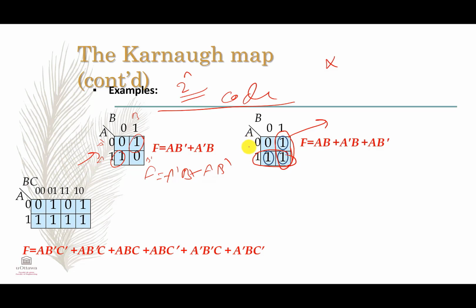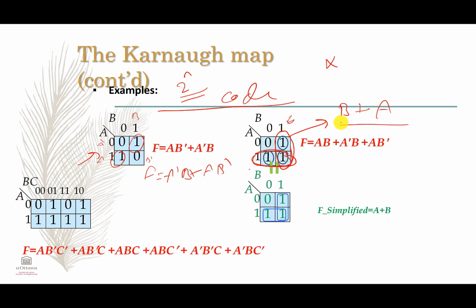Because I'm changing from 0 to 1, I'm going to neglect A and take just the one that is constant, which is B here. So it's going to be just B, and here, because B is changing and A is not changing, plus A.